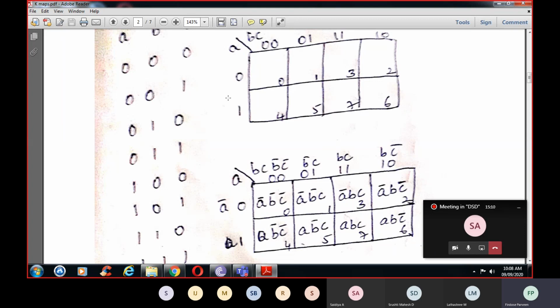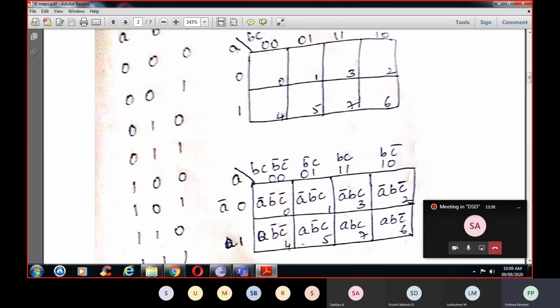I'll write A here, and B and C. As I've told already, you have to follow the same sequence. You cannot write B here and CA here, or C here and AB here. No, you have to follow the same sequence. A will be written here, B, C will be written here. If you have input variables X, Y, Z, then X will be written here, Y, Z will be written here.